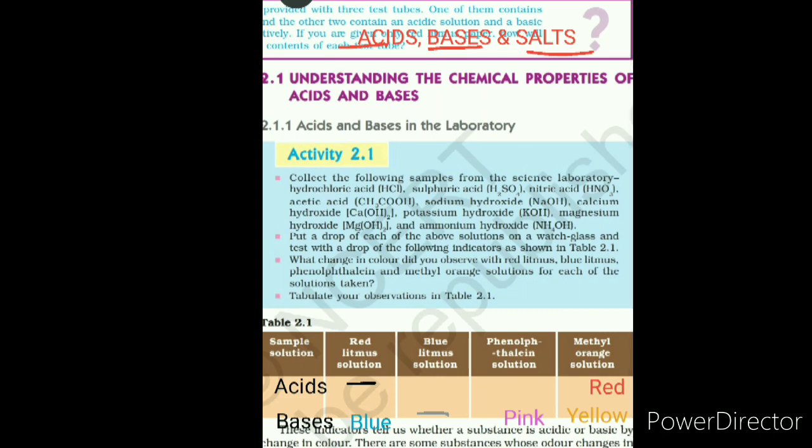Dear students, it is not possible to collect the acids and bases from the laboratory, but I will try to explain what color changes or properties will be shown. Hydrochloric acid, sulfuric acid, nitric acid, acetic acid, these are the acids available in the laboratory.